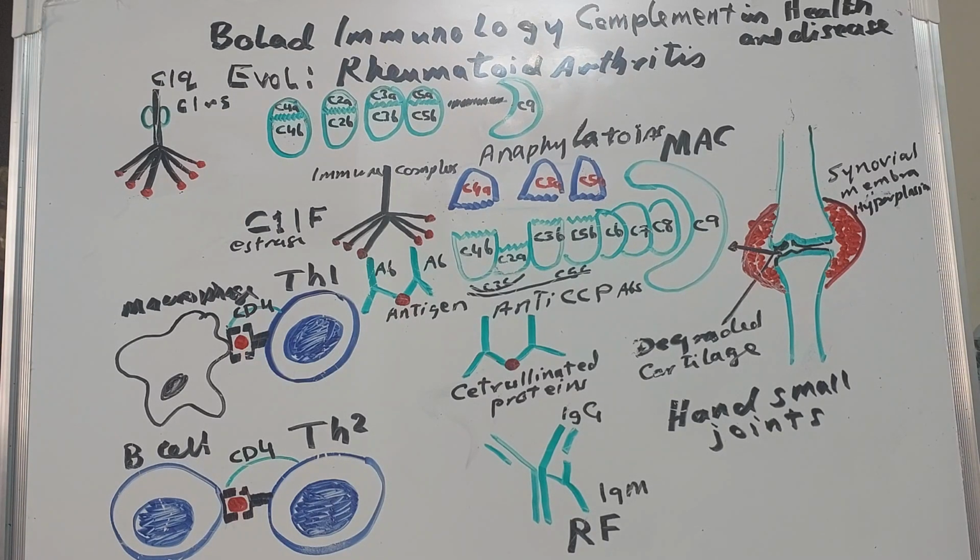These regulatory proteins interfere and prevent destruction or attacking of normal body cells by complement components, for example, complement 1 inhibitory factor or C1 esterase inhibitor. And as you know, deficiency of C1 esterase or C1 inhibitory factor may predispose to a disease known as angioedema.